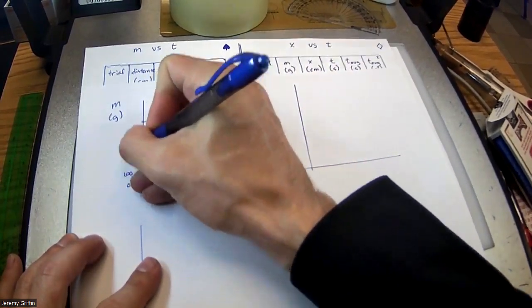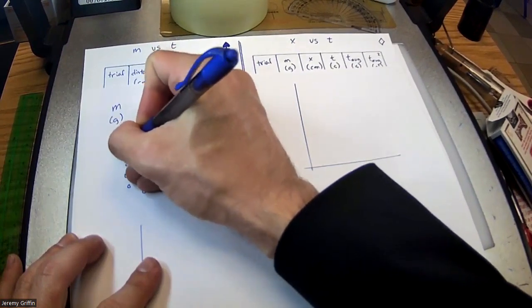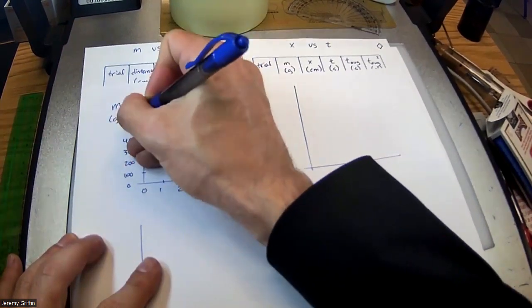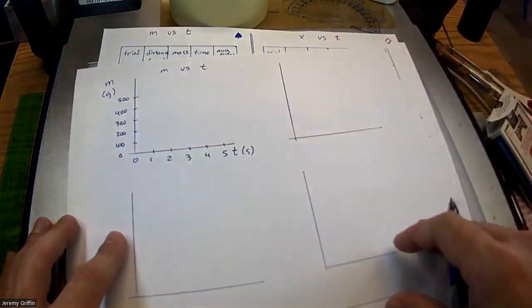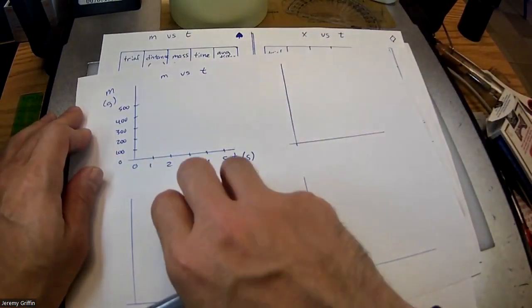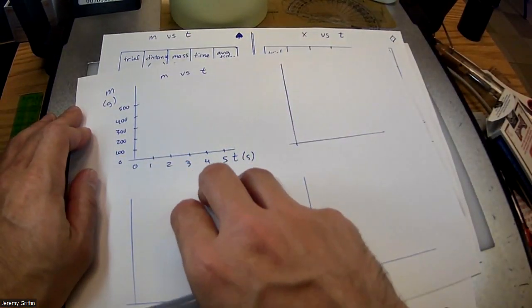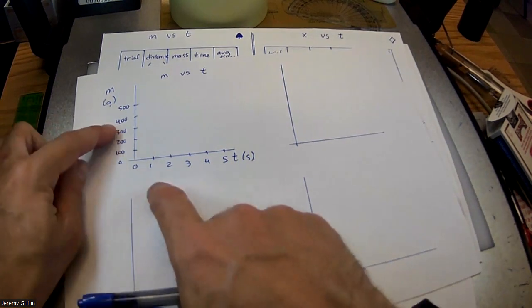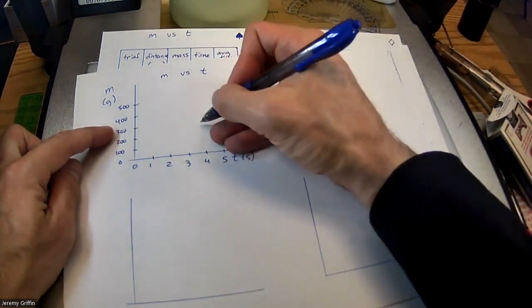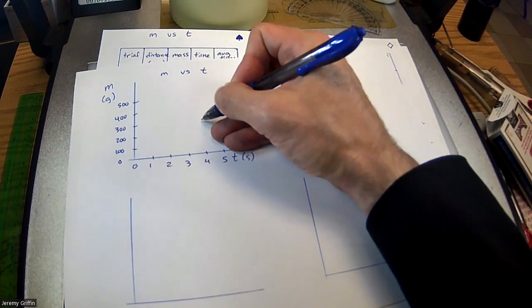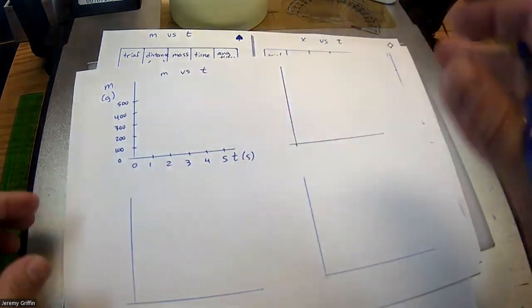Maybe the heaviest car you had was 500 grams when you taped it on the lab weights. I'm just picking example numbers. Maybe you went heavier than that, but you have the space to carry all those data points. So for example, what if you had a 300-gram car and it took 4 seconds to roll? You put a point right there, and then you plot all the points.